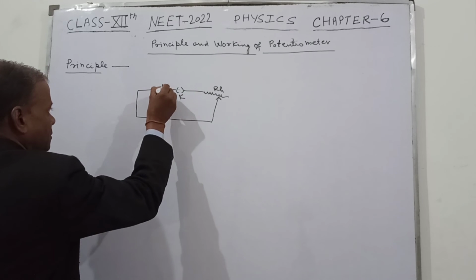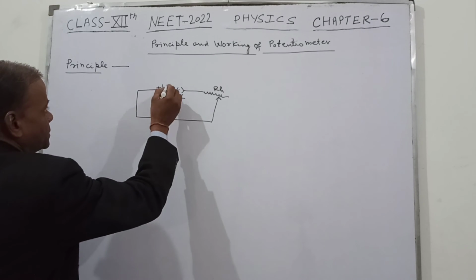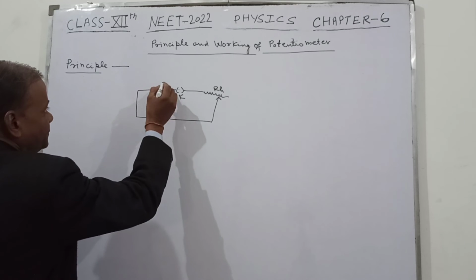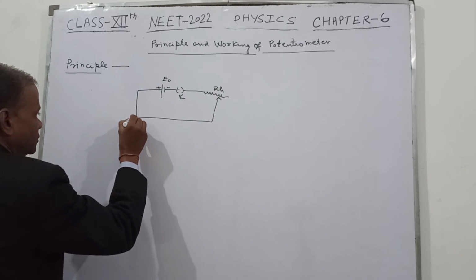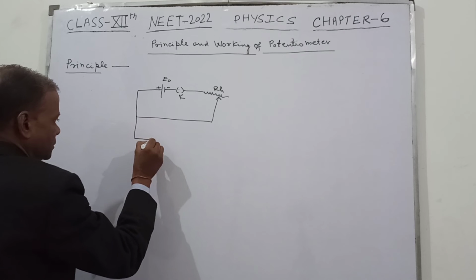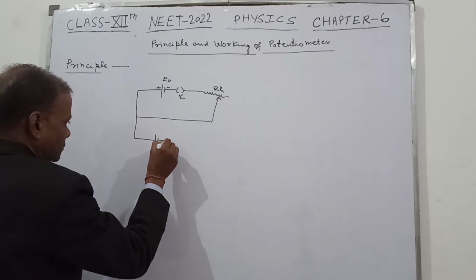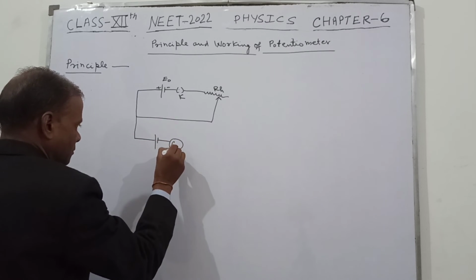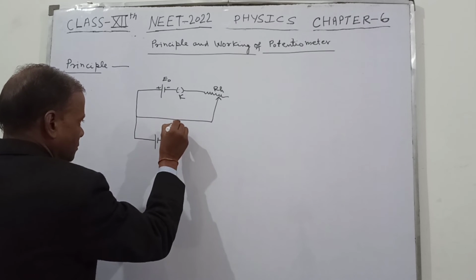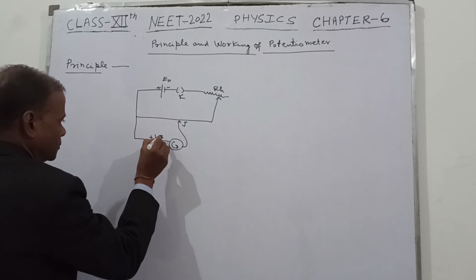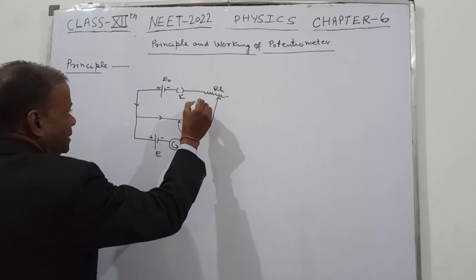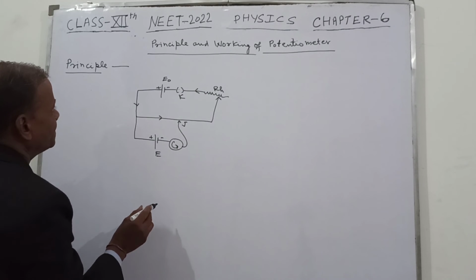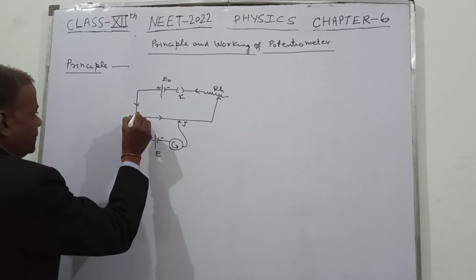Rheostat, key K. This is E naught. Here I take, now the current is like this, AB.